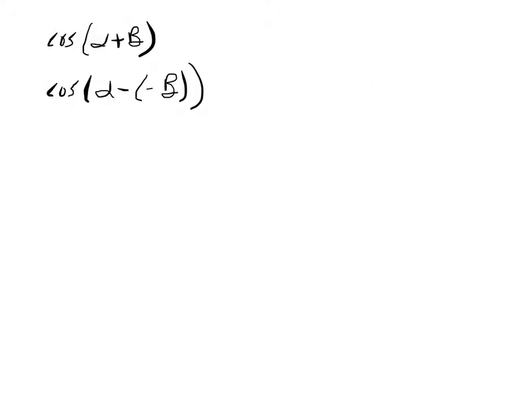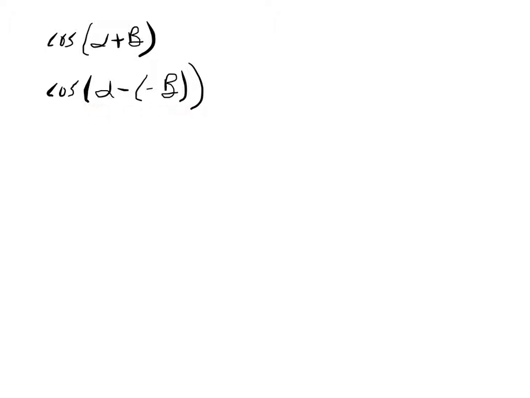So suppose we want to come up with a formula for the cosine of alpha plus beta. Well, we could view that this way. We know what the cosine of alpha minus beta is, so we could write cosine of alpha plus beta as the cosine of alpha minus negative beta, and simply use our cosine of alpha minus beta formula, because cosine of alpha minus negative beta is the equivalent of cosine of alpha plus beta.